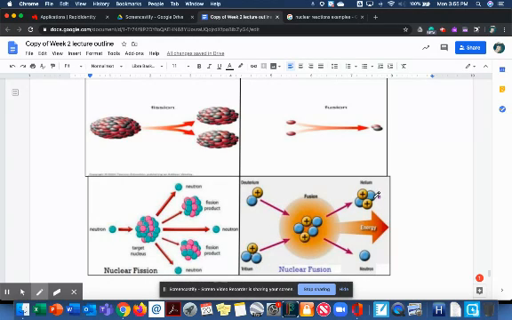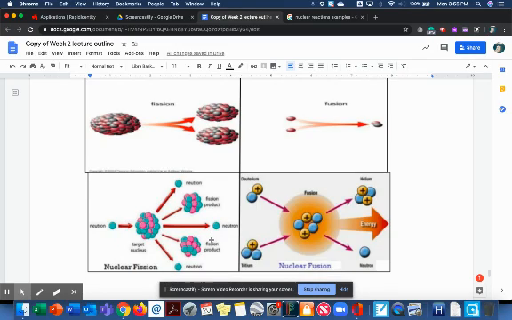It has more protons and more neutrons in its nucleus than either of the isotopes it started with. So we have smaller things coming together to form something larger. And again, both of these release quite a bit of energy because a little bit of the mass isn't accounted for, and that mass gets converted to energy, and that energy is released. And when you have billions upon billions upon billions of those atoms undergoing these processes, that's a lot of energy.